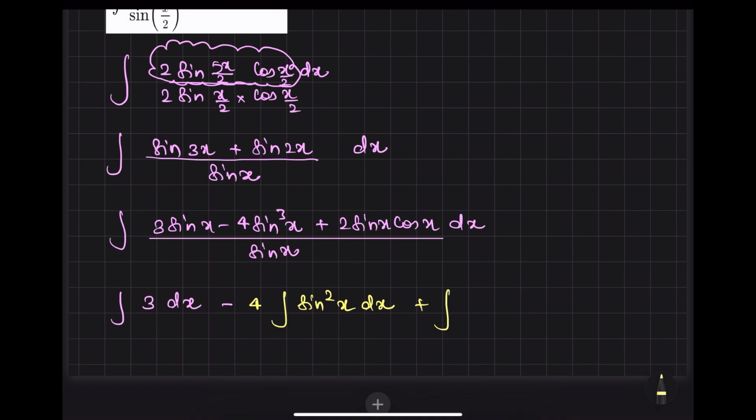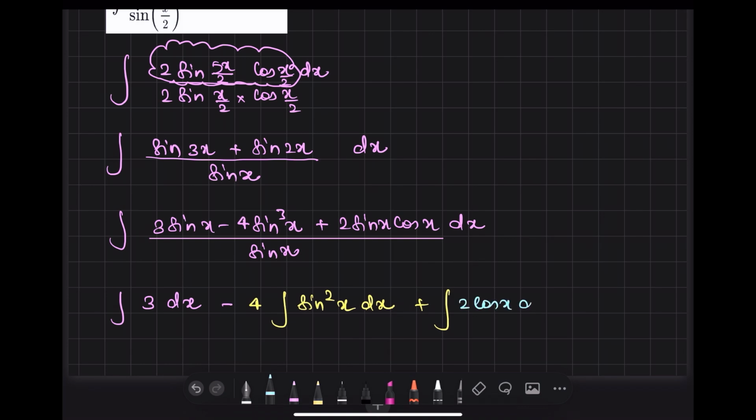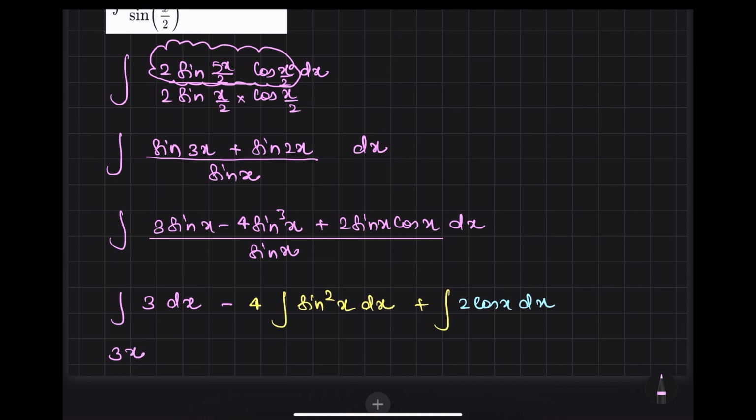In the next component you will be handling 2 cos x dx. Now try to observe the first quantity. In the first quantity you have to integrate 3. 3 is a constant, so it will come outside, and the integration of dx is x, meaning the integration of 1 is x.